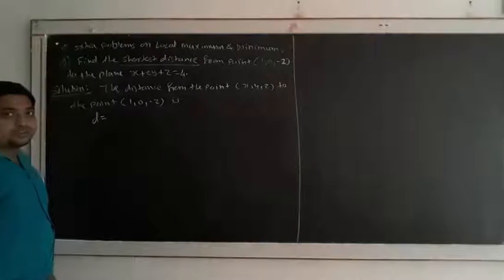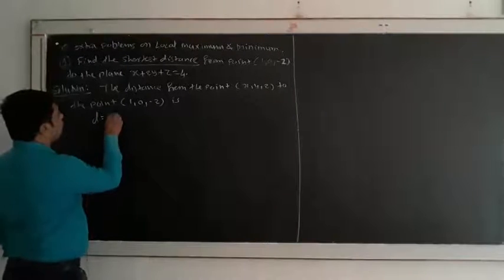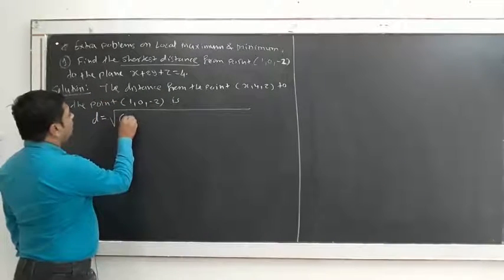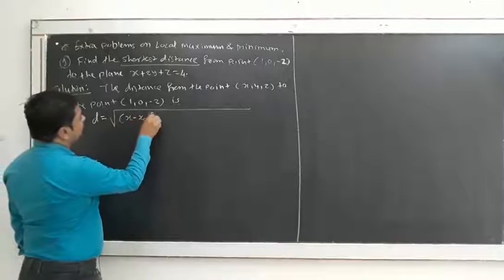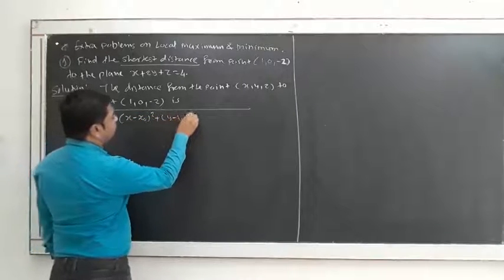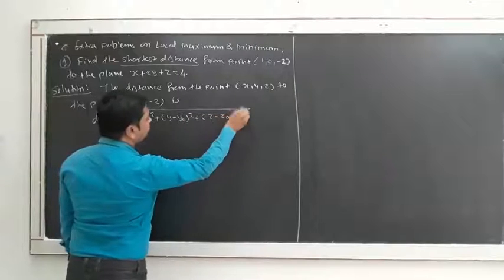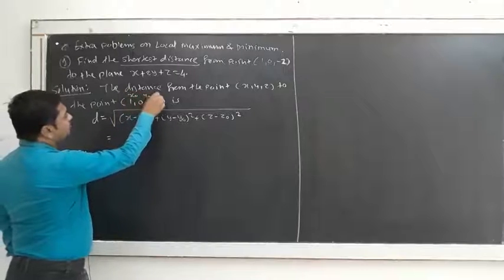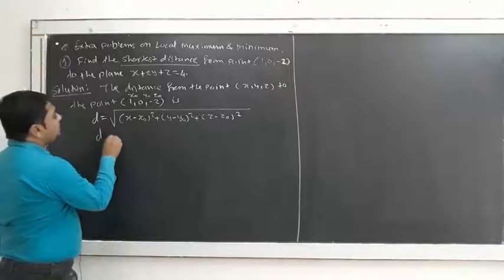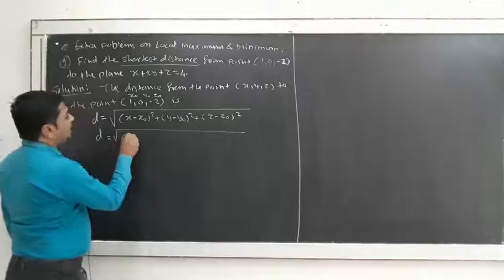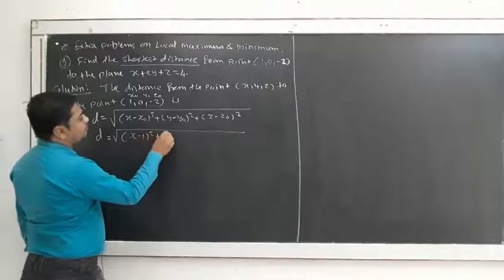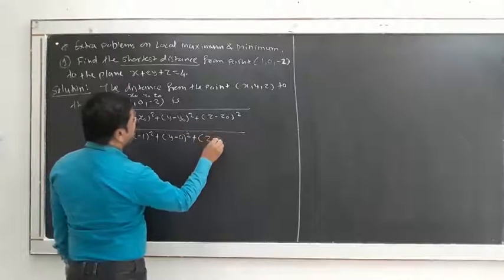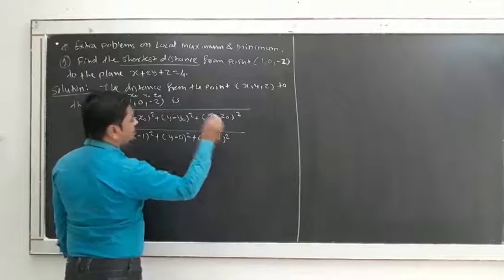D is equal to the square root of (x - x0) square plus (y - y0) square plus (z - z0) square. So what is our x0, y0, z0? This is x0, this is y0 and this is z0. So the answer should be (x - 1) square plus (y - 0) square plus (z + 2) square.